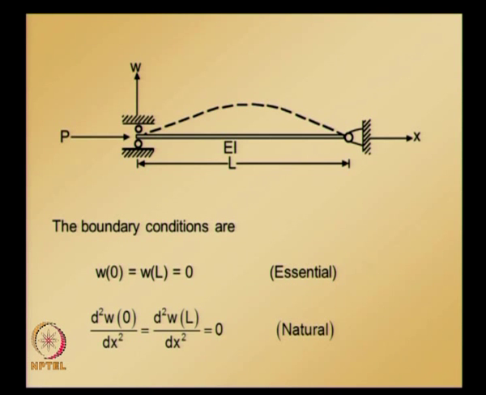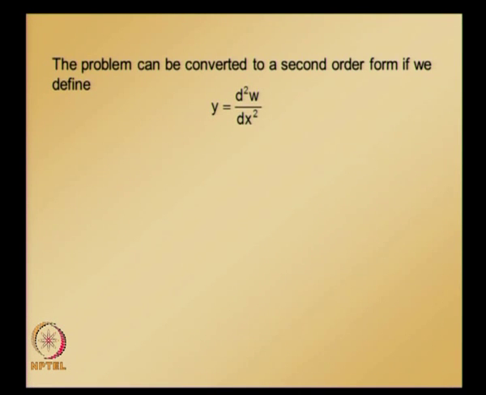We need to make some substitution similar to what we did earlier. The problem can be converted into second order form if we define y equal to the second derivative of w with respect to x, because the general one dimensional boundary value problem for which we derived element equations is a second order differential equation.